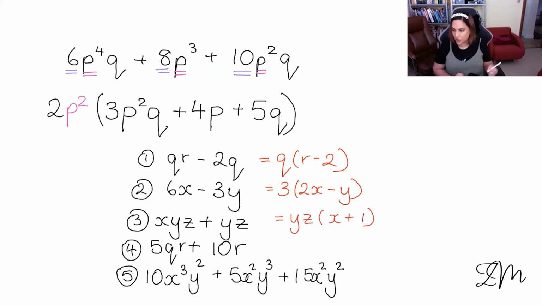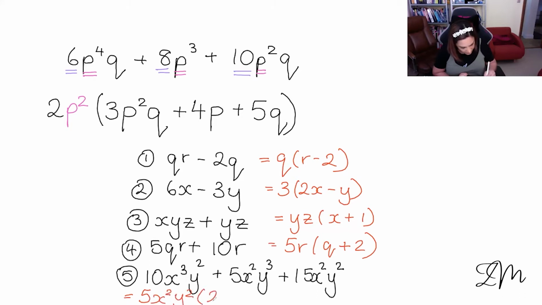In this one, our common factor is 5r, and we're going to have q plus 2. And this final one down here, our common factor is 5x squared y squared, and we're going to get 2x plus y plus 3. So in terms of single bracket factorisation, hopefully that makes some sense.